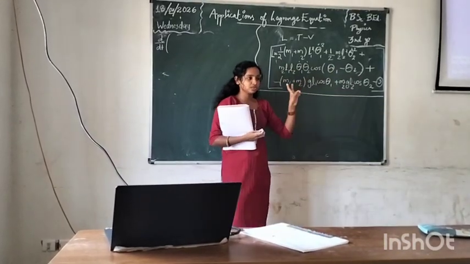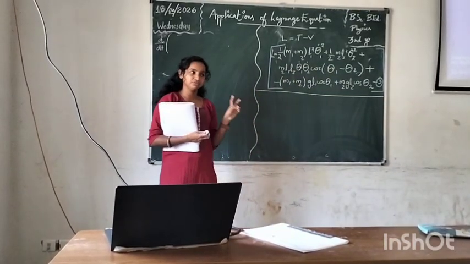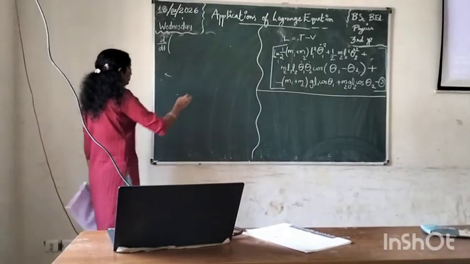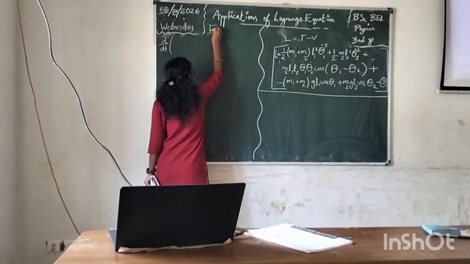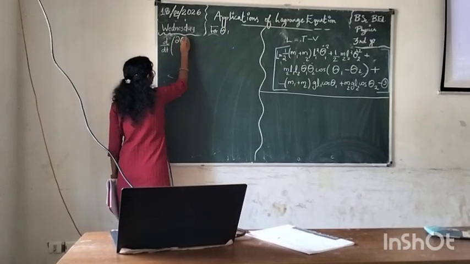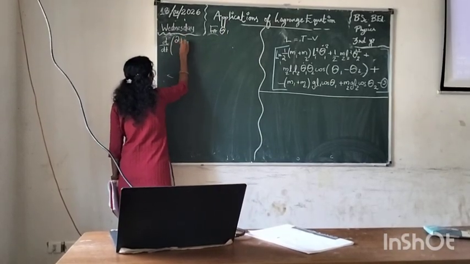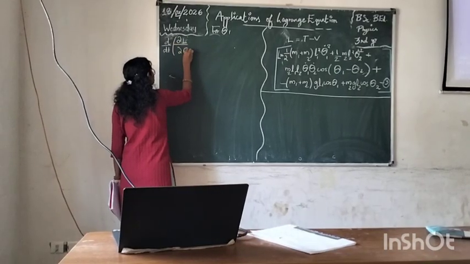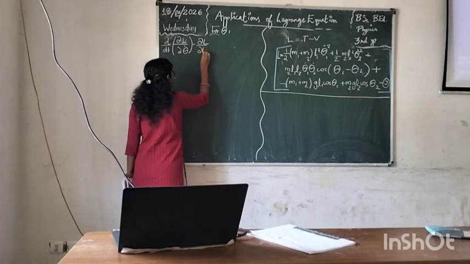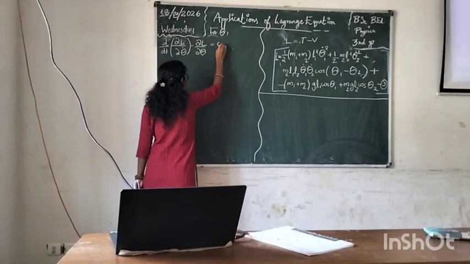So there are two generalized coordinates and we want to find the equation for both theta 1 and theta 2. First we are finding for theta 1. For theta 1 it will be d/dt of dou L by dou theta dot minus dou L by dou theta equal to 0.